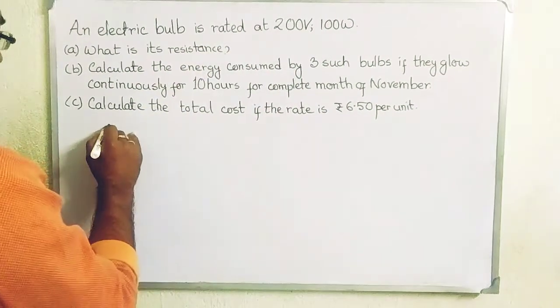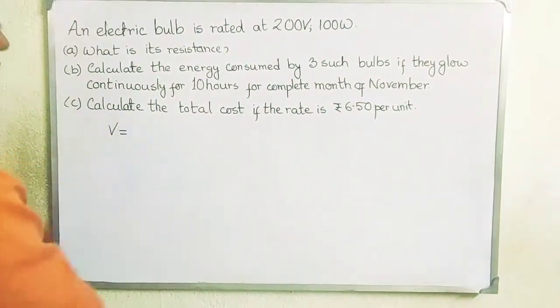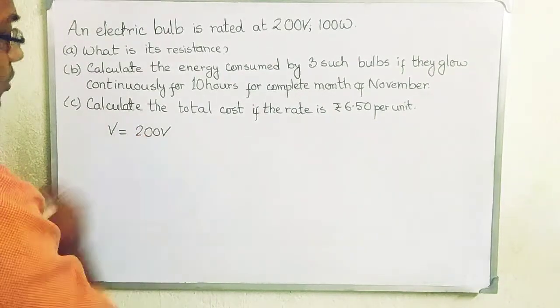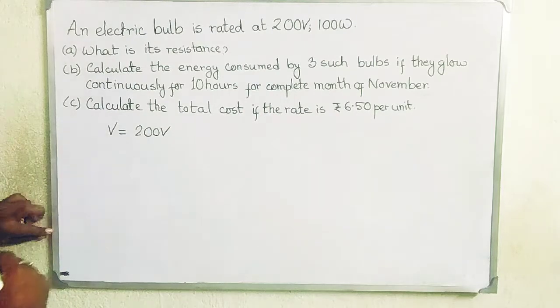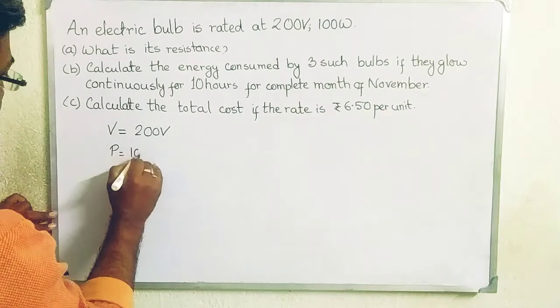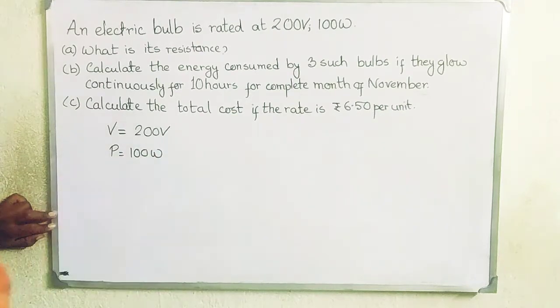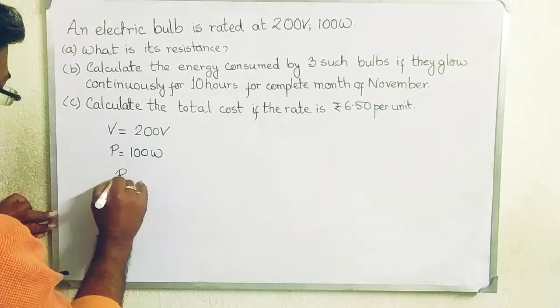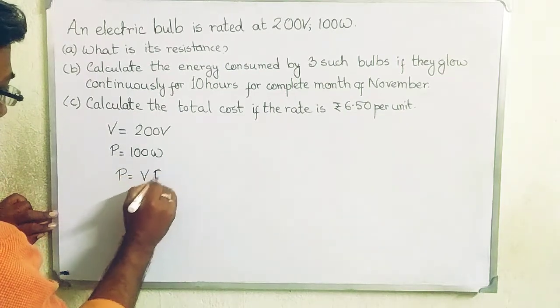The voltage that can be applied across this bulb is 200 volt. Next, the power is 100 watt. You have to find the resistance. So P equal to V into I, we know that.